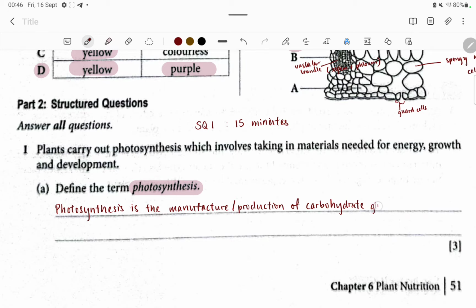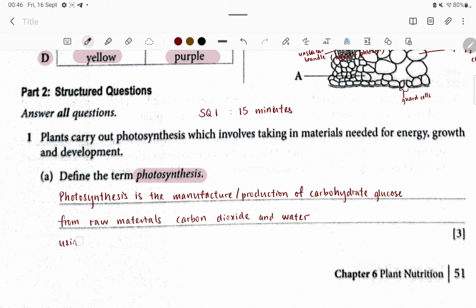Which one? Glucose, from raw materials, carbon dioxide and water, and then using energy from sunlight. Okay, this will be your 3 marks answer.